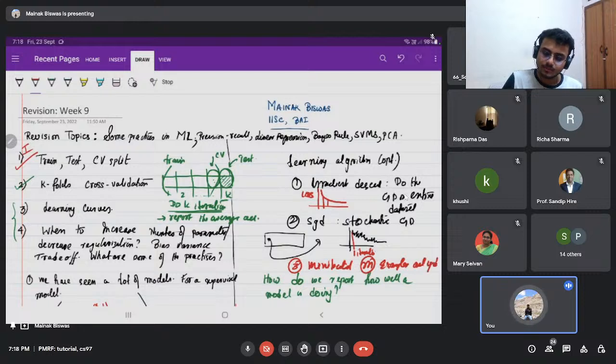In frameworks like TensorFlow, Keras, and PyTorch, they give you a batch size. You select a batch size of 128, 64, and so on. You take 64 samples at a time and update. That helps reduce the variance. So this is mini batch, which reduces the variance, and this is SGD.